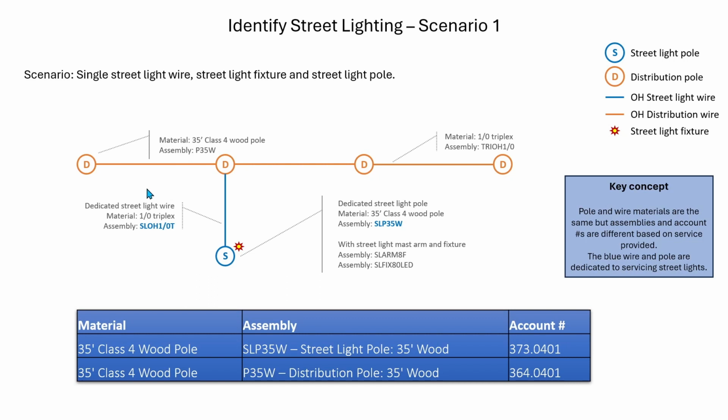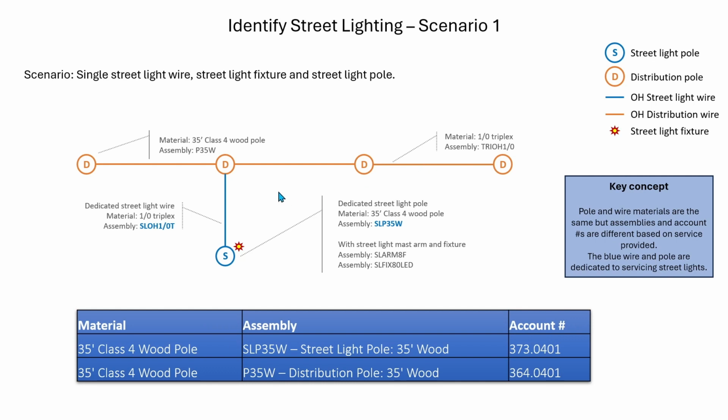In the first street lighting scenario, we have a very straightforward streetlight wire fixture pole example. I've already mentioned that we had a distribution pole here that has our 35-foot class 4 wood pole and assembly, and we also have a wire that is 1/0 triplex, so that's the material for that, and the assembly is a distribution related assembly, the TRIOH1/0.